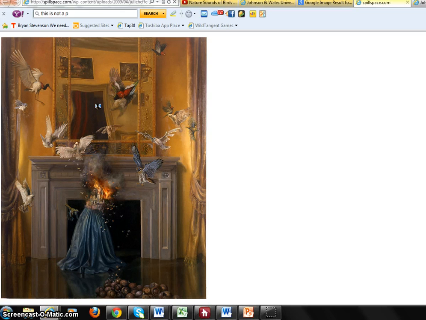And another thing you might notice is that there are acorns on the mirror. Now that's a symbol, and we're going to talk about symbols later, but it's also something else for you to think about. Another thing as far as placement and color goes is the fact that these birds are faced outward and they're of different colors, and so you could talk about perhaps what that means as well.